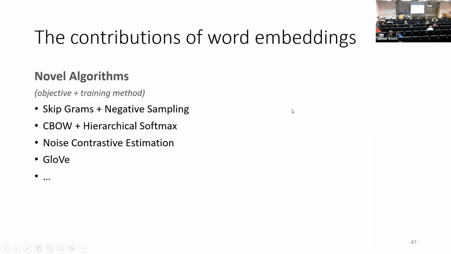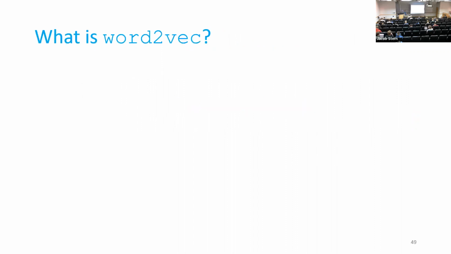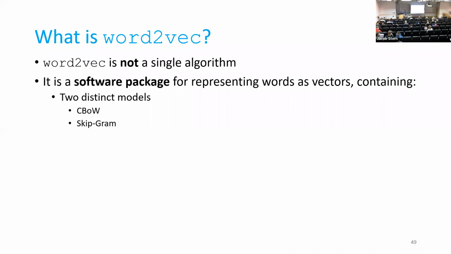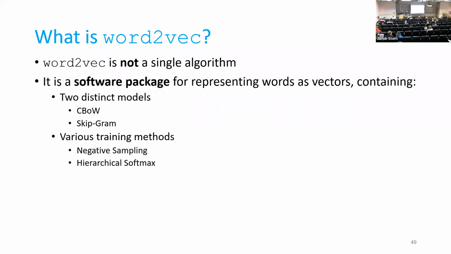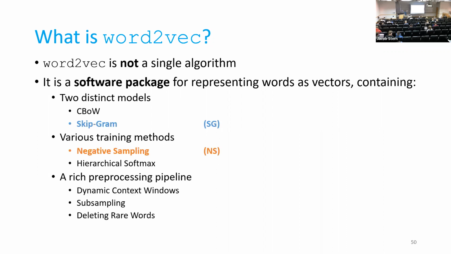There are several algorithms that people have come up with. One of the first to popularize this was called word2vec, and it has various models and various ways to train it. But we're going to talk today about the skip-gram model and the negative sampling training method.